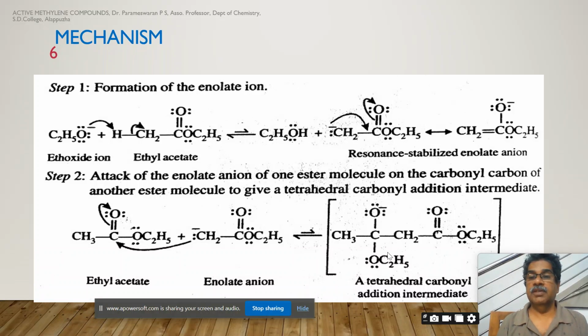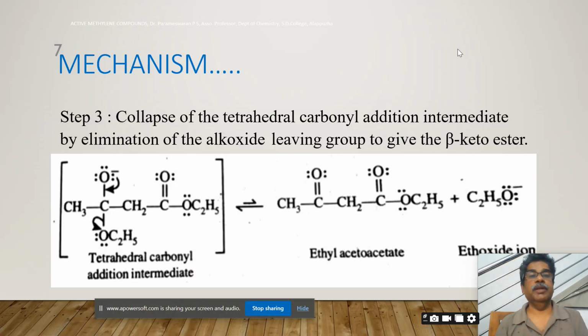See, this is tetrahedral because the four valences are satisfied by single bonds, so it will have a tetrahedral structure. That's why it is known as tetrahedral carbonyl addition intermediate. And in the next step, from the tetrahedral carbonyl intermediate, the ethoxide ion or alkoxide is eliminated to form the beta keto ester or ethyl acetoacetate.